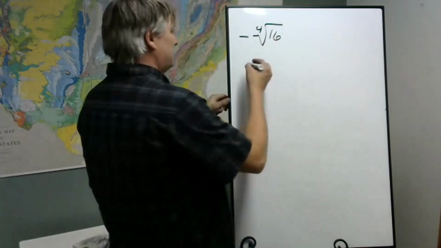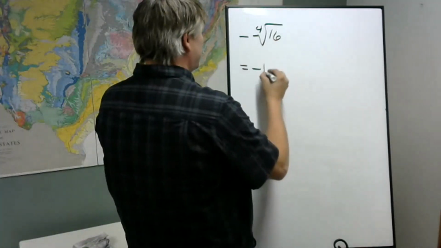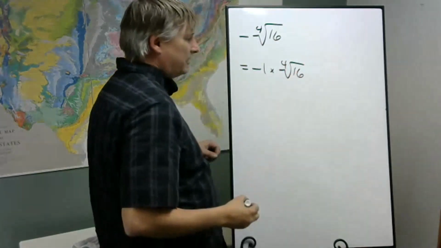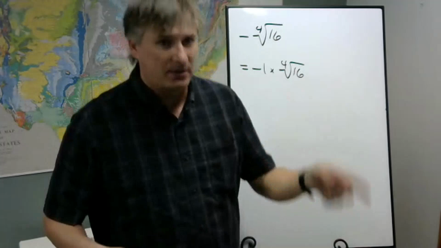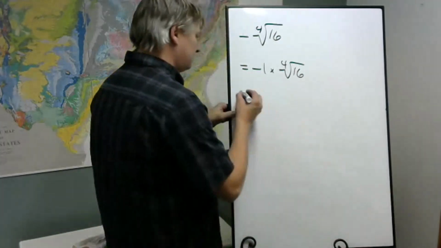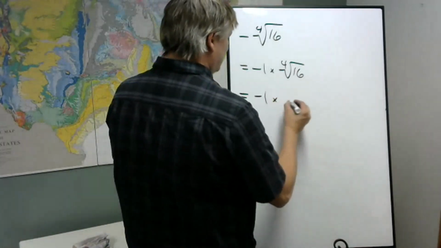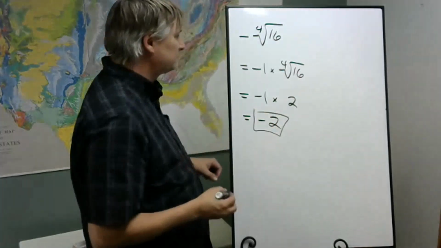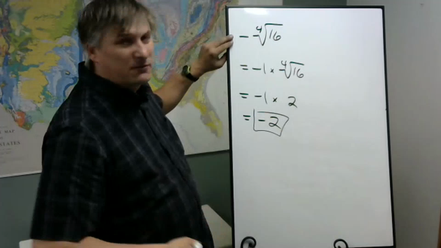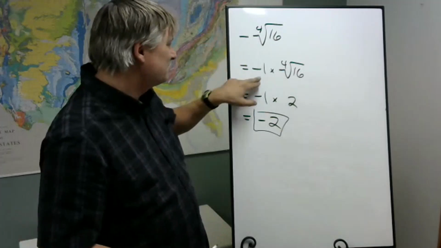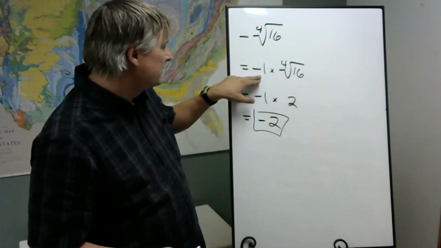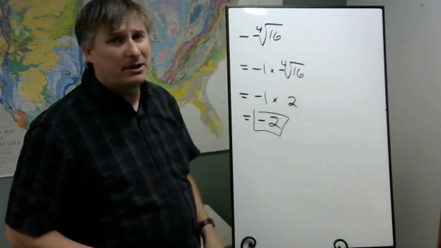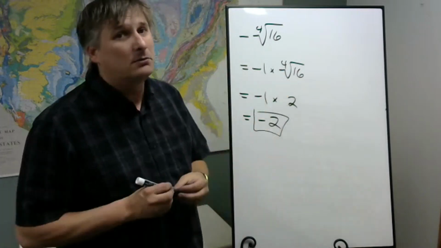But what you could do is treat this as -1 times the positive root of 16, and knowing that 2 times 2 times 2 times 2 gives you 16, -1 times 2, you'll still get that -2. So you can treat this as looking for the negative root, or you can peel off this -1 with multiplication, and then look for the positive root, multiply it by -1. You could do it that way too.